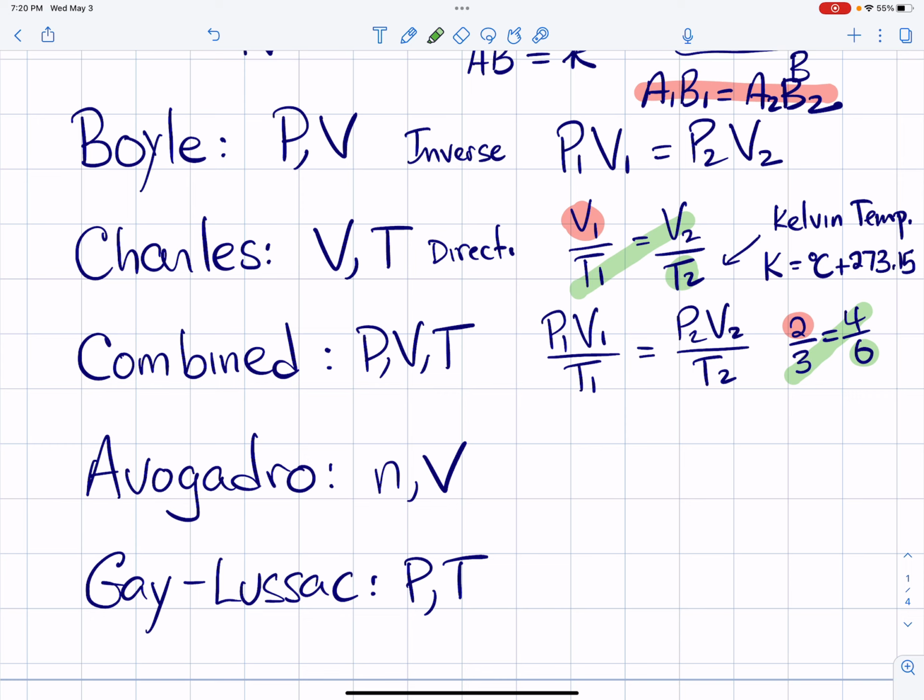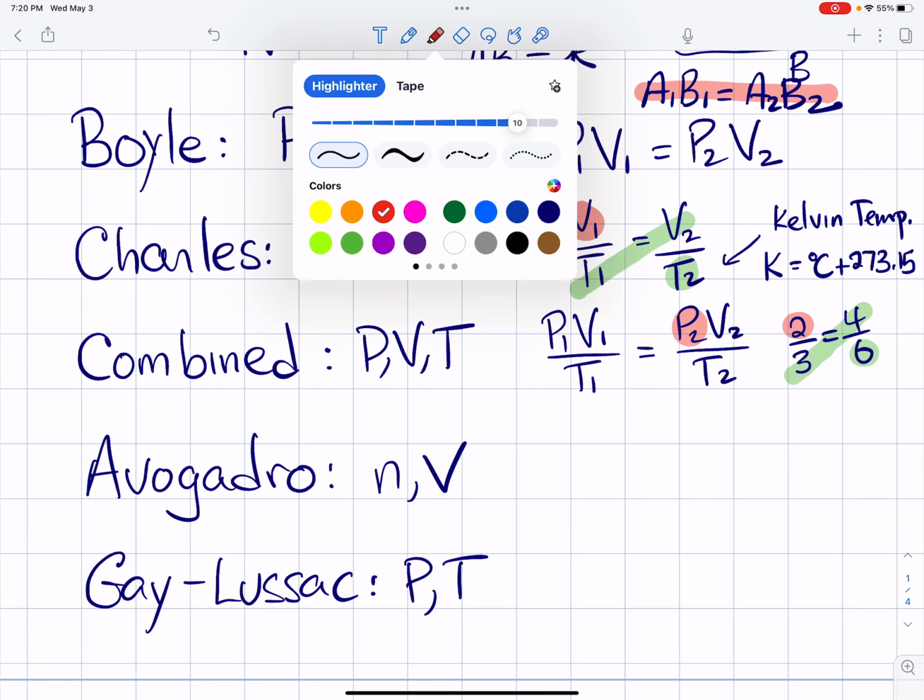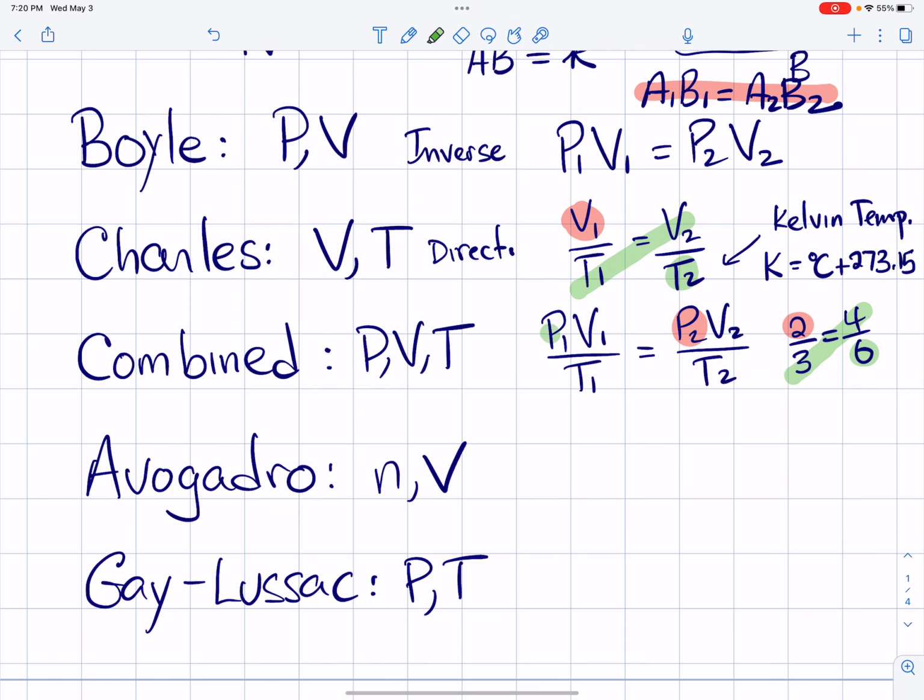If you're looking for P2, then you would take the things that are opposite from each other, so you would take P1 times V1 and multiply by T2, and then you would divide by everybody else. So you would divide by T1 and V2.